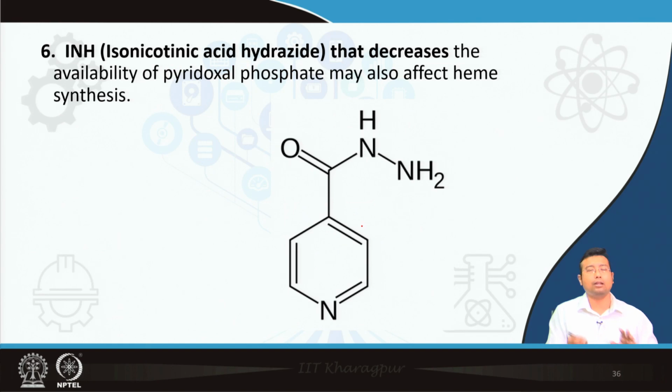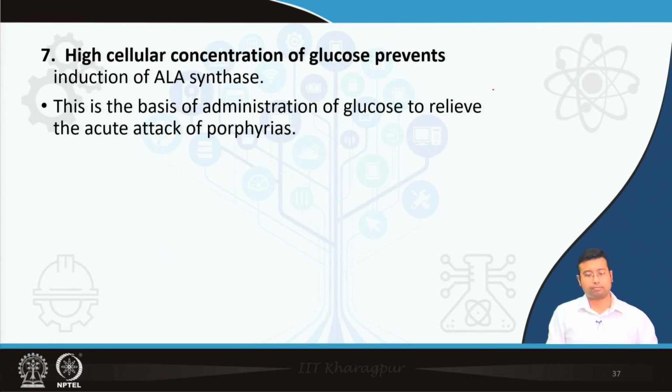Next, INH, an anti-tubercular drug, also decreases the availability of heme, because it inhibits vitamin B6 availability, pyridoxal phosphate. I told you pyridoxal phosphate is a very important cofactor of ALA synthase, delta aminolevulinic acid synthetase. So, by affecting the enzyme, it also affects heme synthesis.